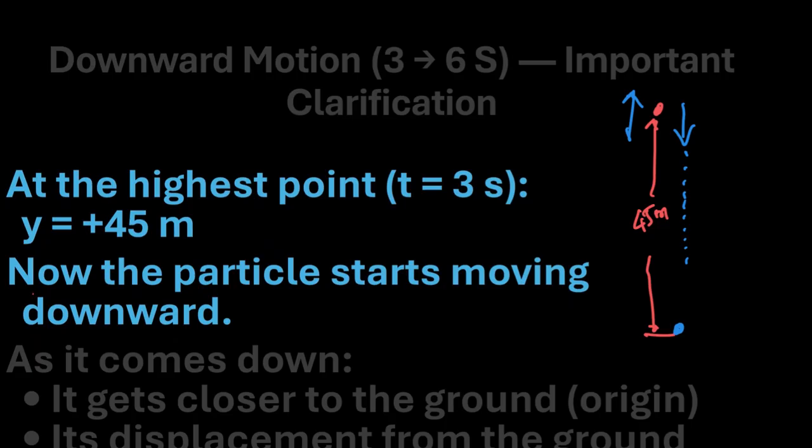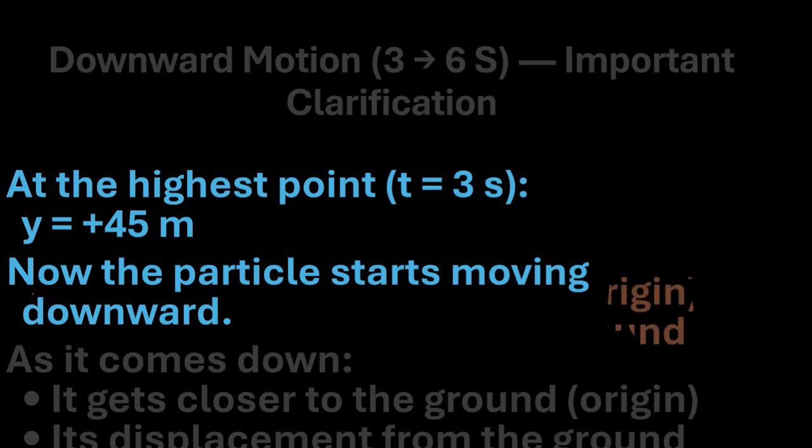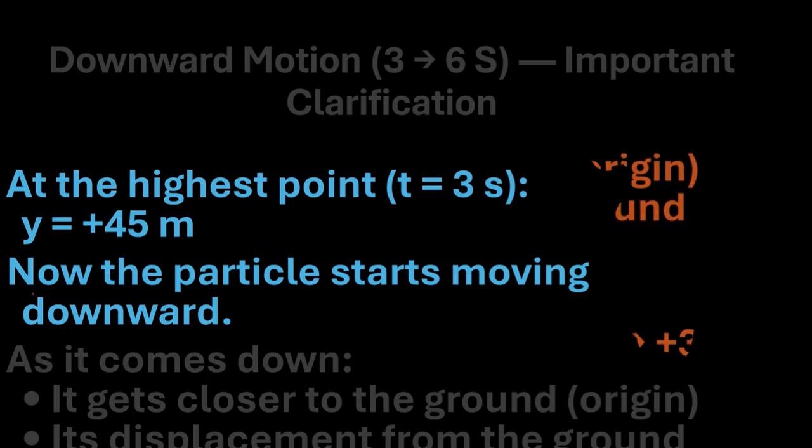Now let's see what happens during this travel when it's coming down. As the ball comes down, it is getting closer to the ground, which means the origin, the reference. Therefore, its displacement from the ground reduces. I didn't say the displacement becomes negative.